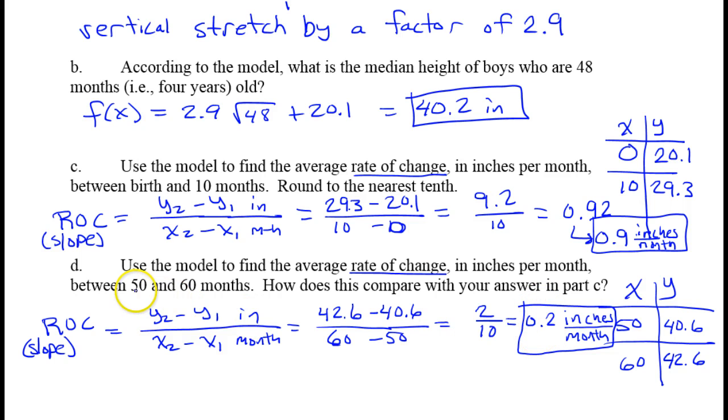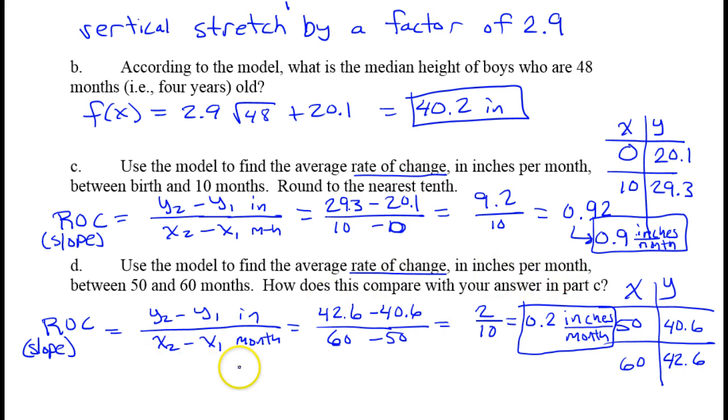But by the time they are between 50 and 60 months old, their rate of growth has slowed down from 0.9 inches a month to just 0.2. That is a fifth of an inch a month instead of almost a full inch a month. It's still growing a lot faster than you or I.